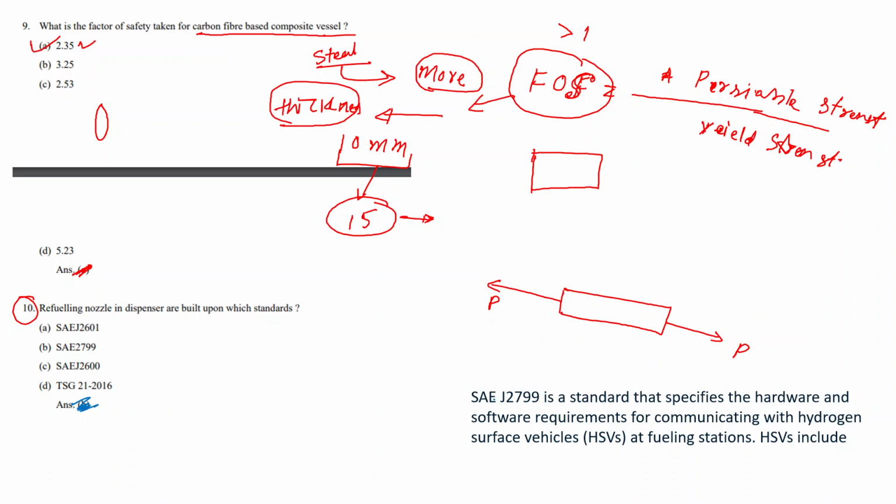They are putting the temperature and pressure, and they will see all the things. So the standard, this is the SAE J2799, is a standard specifying the hardware and software requirements for communicating with hydrogen surface vehicle fueling stations.